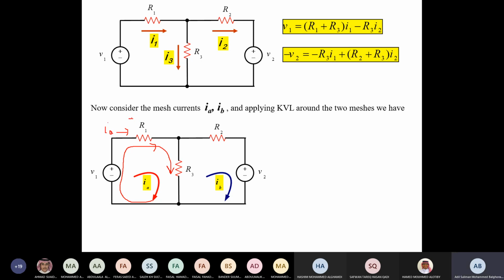And the voltage drop here, this plus, this minus, is going to equal R1 IA, okay? And this here I can write it down.